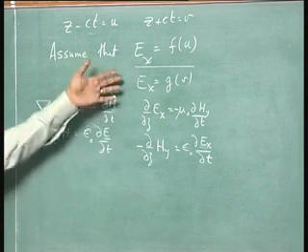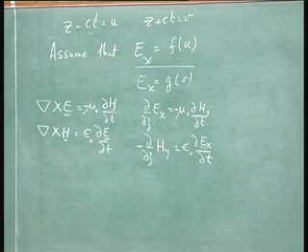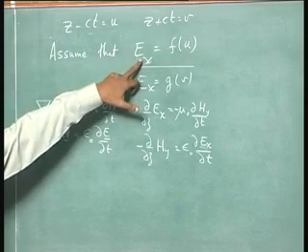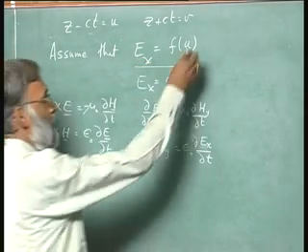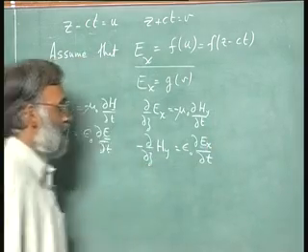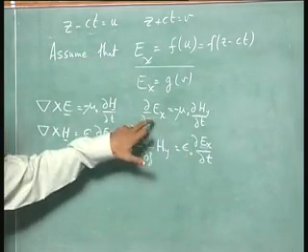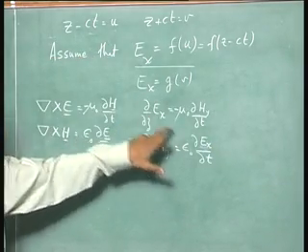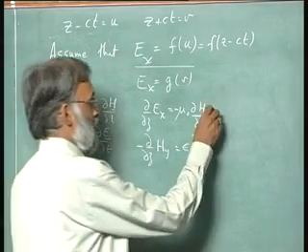I have derived these several times, so you should be quite comfortable with it. Now, I have assumed E x is f of u, which is f of z minus c t. So, I can substitute for the E x portion. So, what do I get?